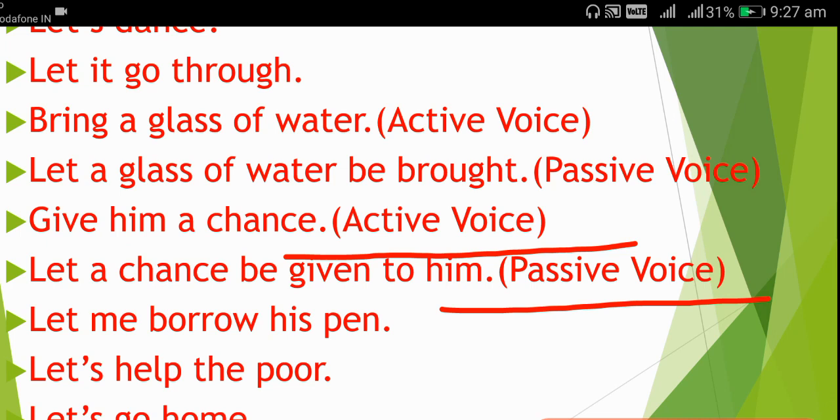Let's help the poor. So come on together and let's do something for the poor, for the needy person. Let's help the poor. आओ मिलकर गरीब लोगों को सहायता करें. Let's go home. आओ घर चलें. You say let's go home.